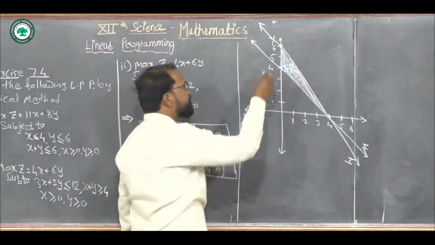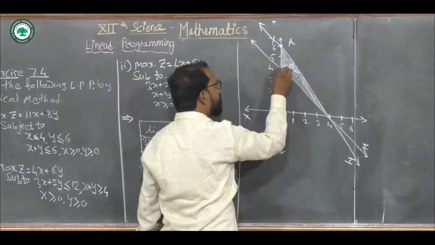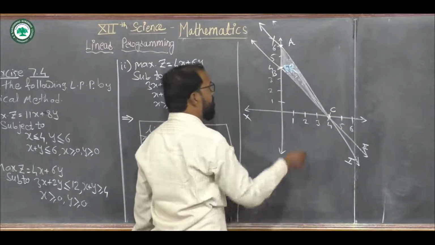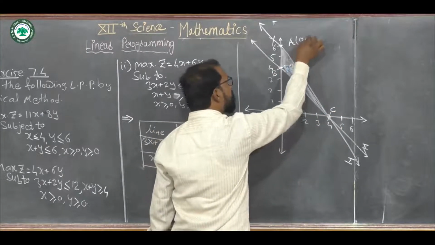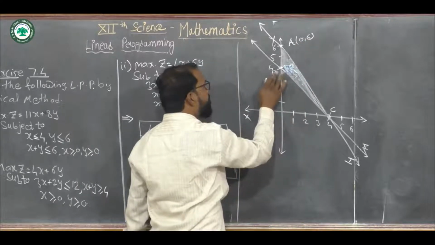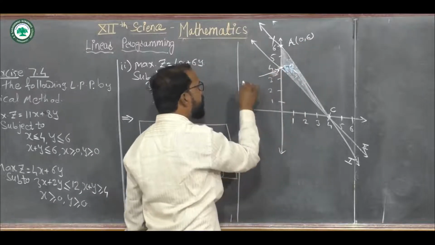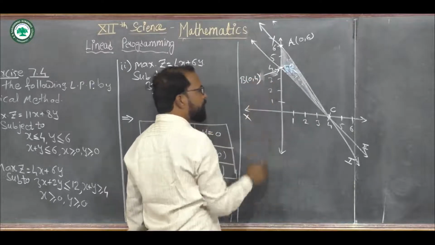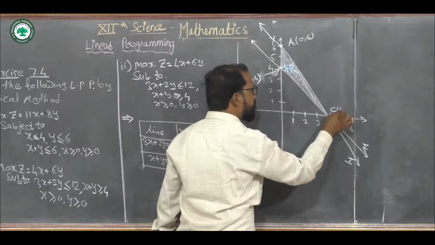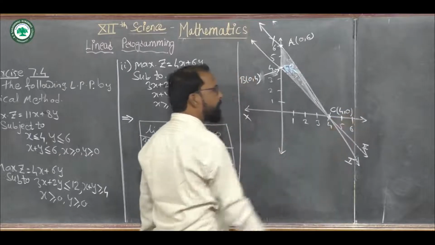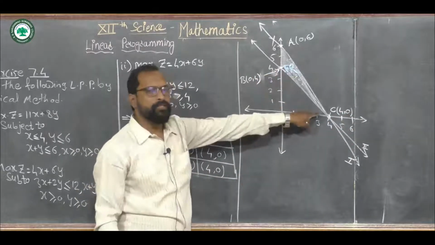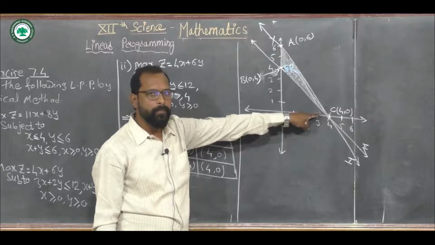Now we give the names, like this is A, this point is B, and this is C. The coordinates of A are 0, 6. The point B is 0, 4. And this is the point C, that is 4, 0. These are all the 3 corner points of the feasible region.